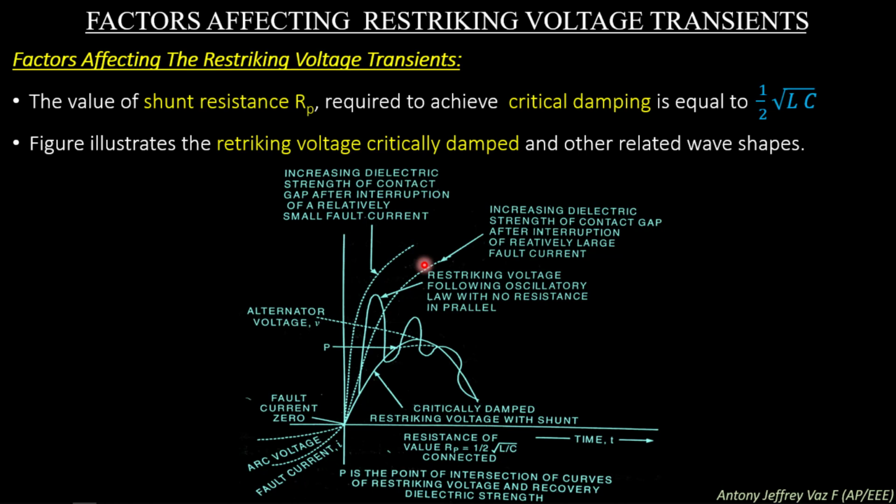So you can see the resistance value which needs to be inserted depends upon 1 by 2 root of L divided by C. The value of shunt resistance depends upon the inductance and capacitance of the circuit in which we are interrupting the fault current.